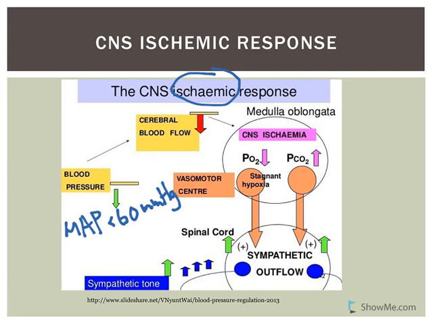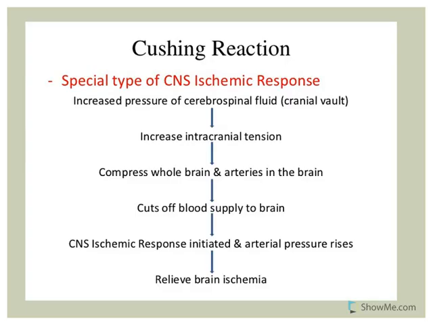The Cushing reaction is a special type of CNS ischemic response. The response is the same, but the trigger is different. With this, the trigger is, say, an external compression of a blood vessel. It could be because of increased intracranial tension, maybe too much cerebrospinal fluid, but it also could be a tumor in the brain that's compressing a blood vessel and cutting off blood supply to the brain.